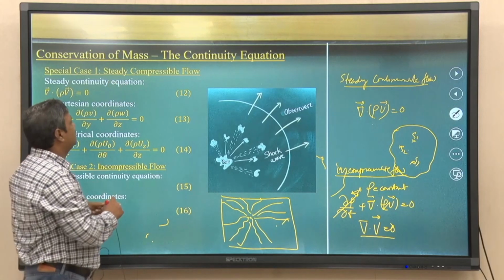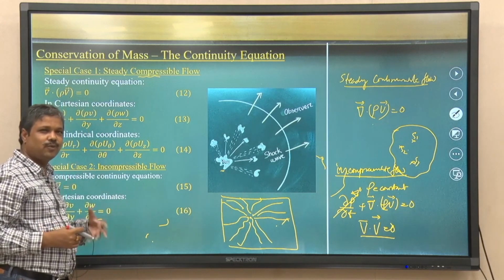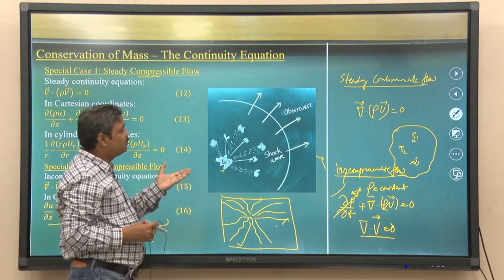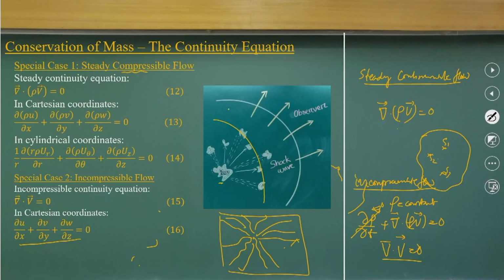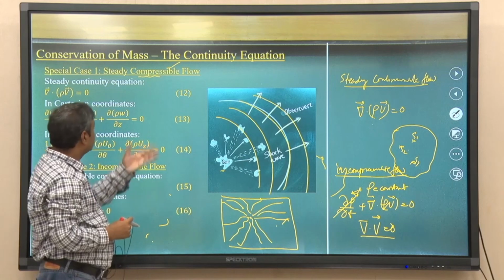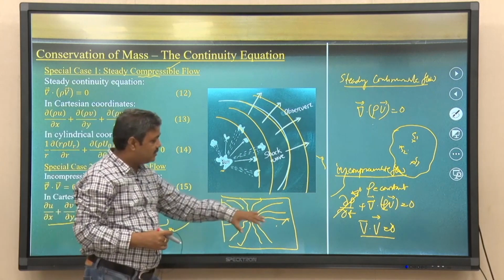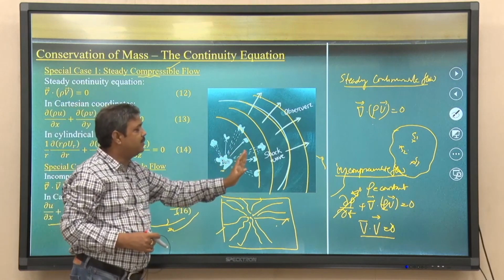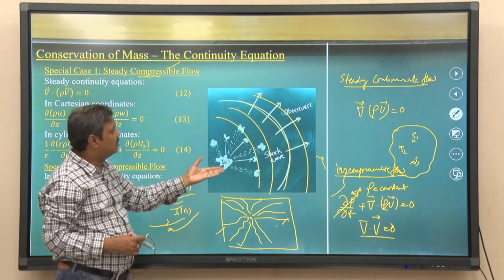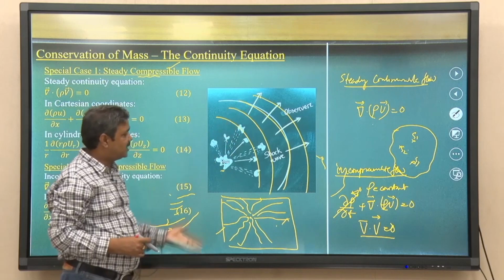But in the case of compressible flow, like a loud noise or a bomb blast, the disturbance created in the velocity field will move, marching through the domain. That is the shock wave propagation. In incompressible flow, a change of the velocity field is felt throughout the flow domain, whereas in compressible flow there will be shock wave propagation like a very strong noise, moving from one point and propagating radially outward.